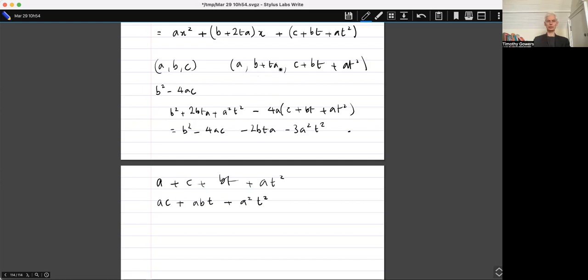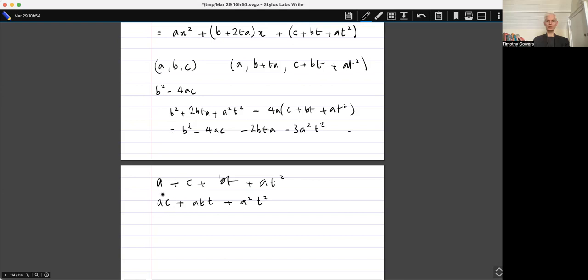I'm trying to get rid of the t a, so why don't I simply multiply this one by a? Oh, but then it's not symmetrical. So that's slightly interesting.